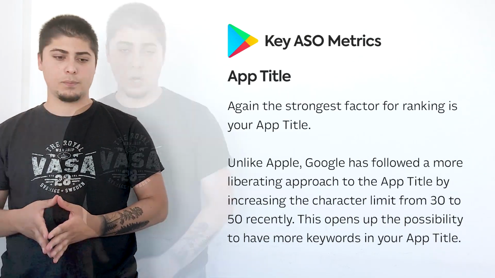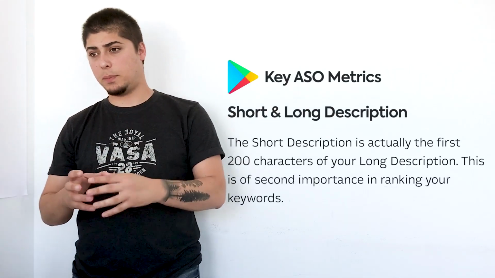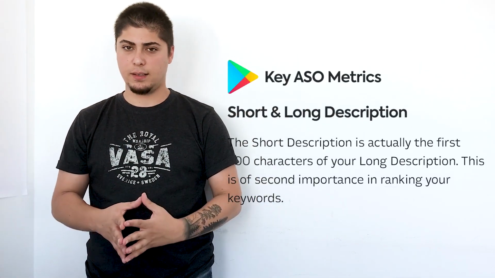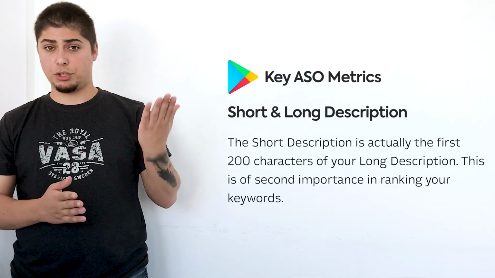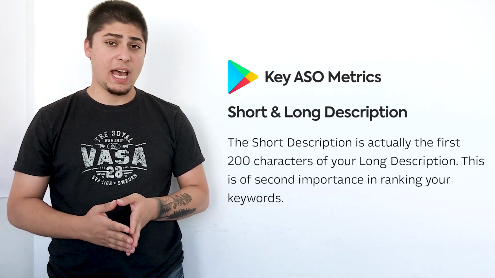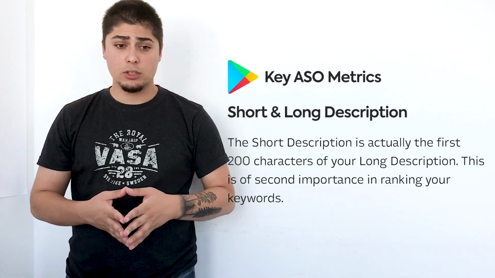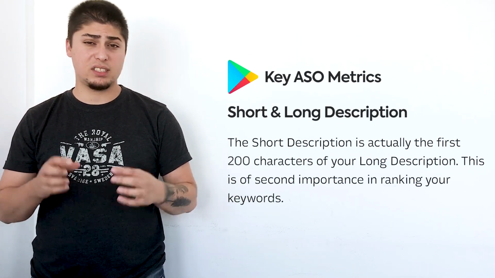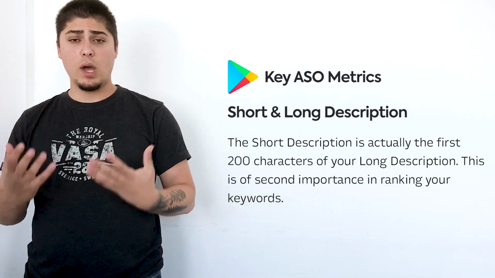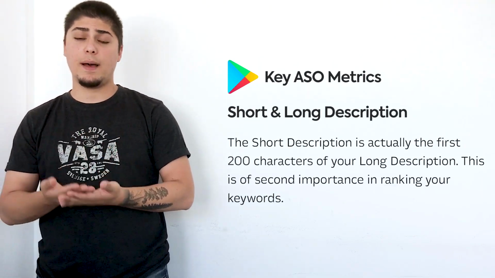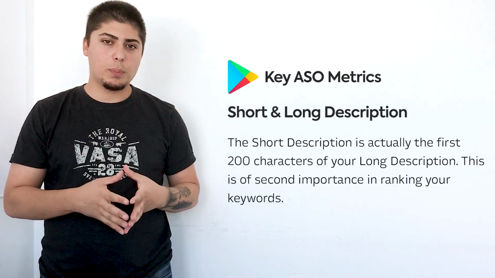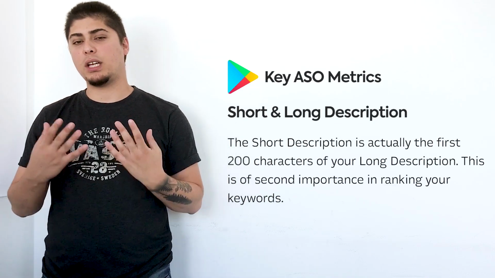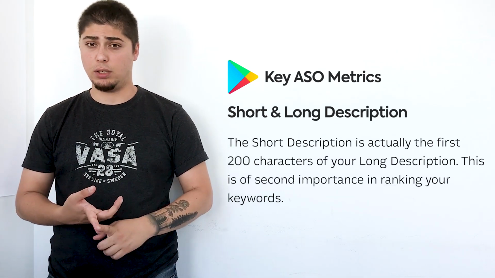Our next metrics actually are two metrics, but they're part of the single thing. So first we have the short description, and then we have the long description. Unlike the Apple App Store, where you have a specific keyword spot where you can add the keywords you want your app to rank for, in Google Play, you will be ranking for the keywords you have in your description.